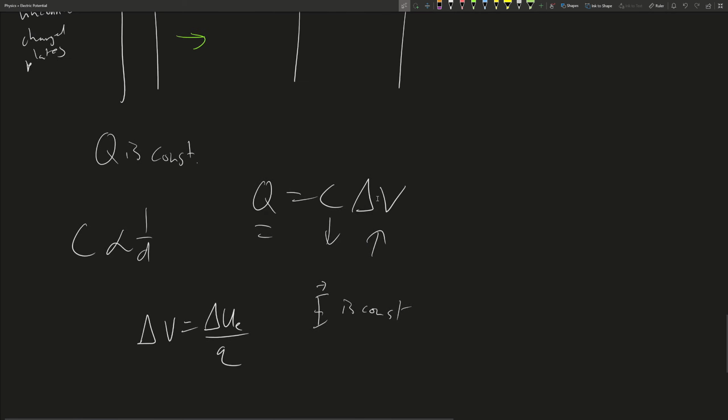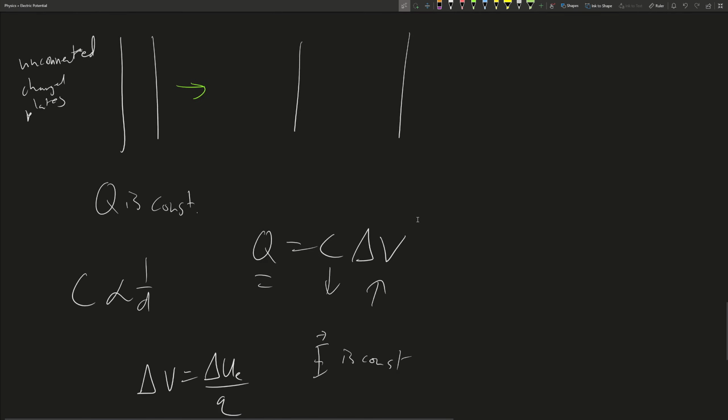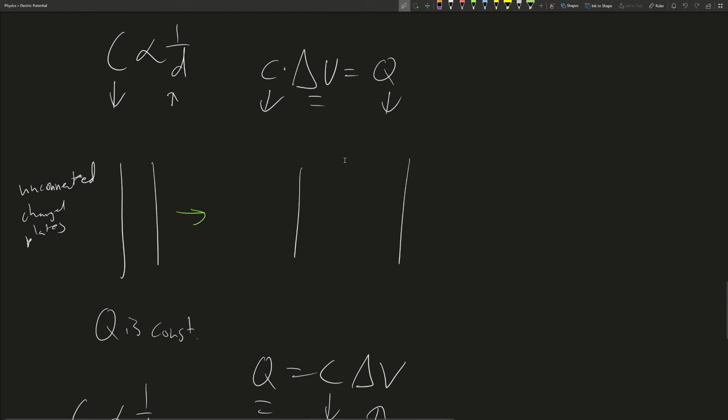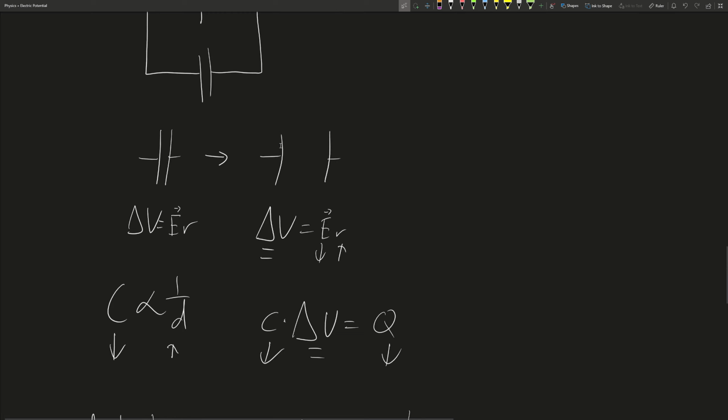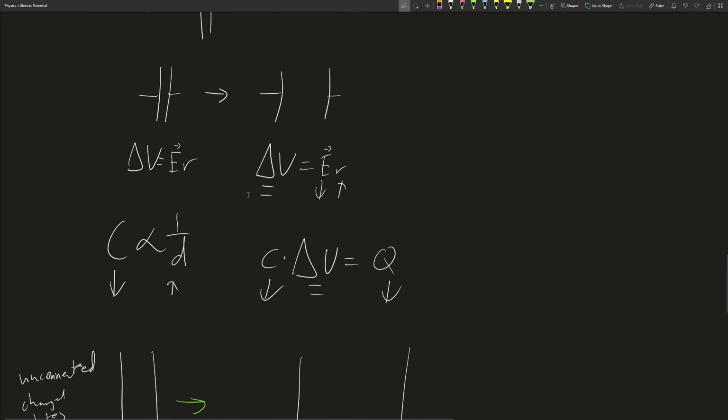But if you're not connected to a battery, charge remains the same and the field strength also remains the same. And so here, the voltage between the plates is going to be directly proportional to the distance between them. Whereas here, the voltage stays constant, and then we have capacitance changing and field strength changing.